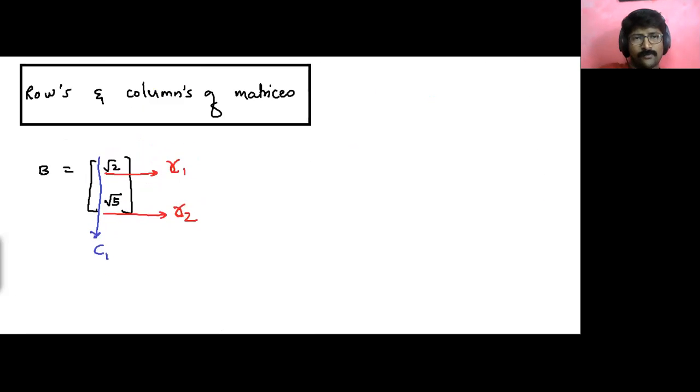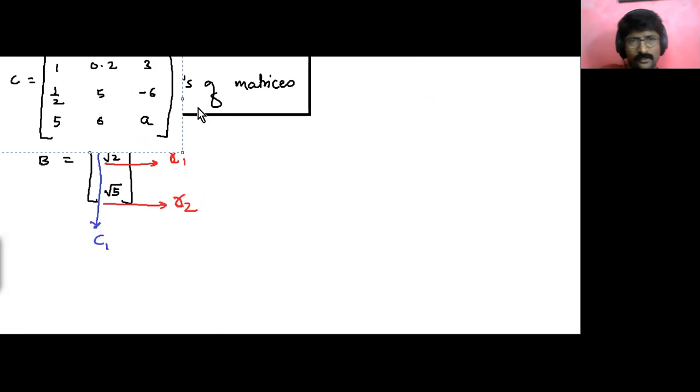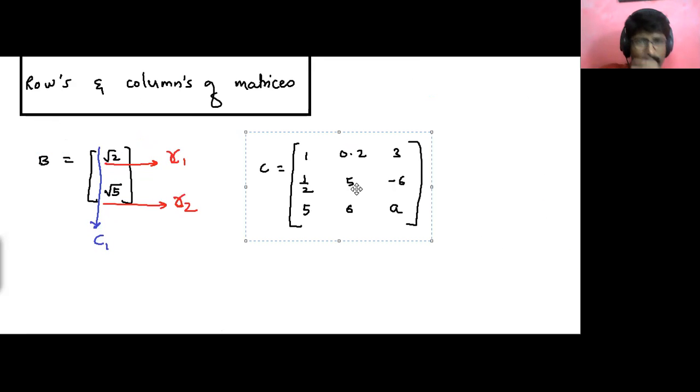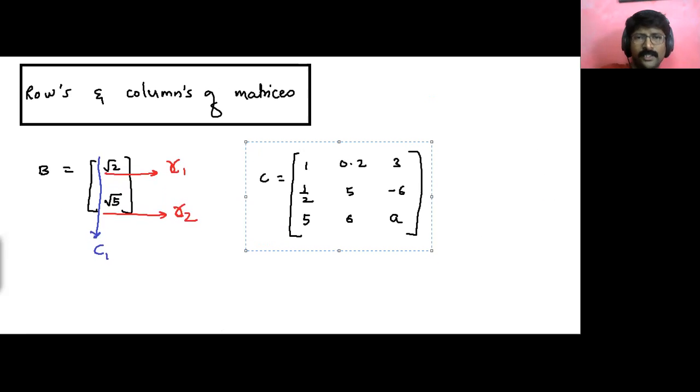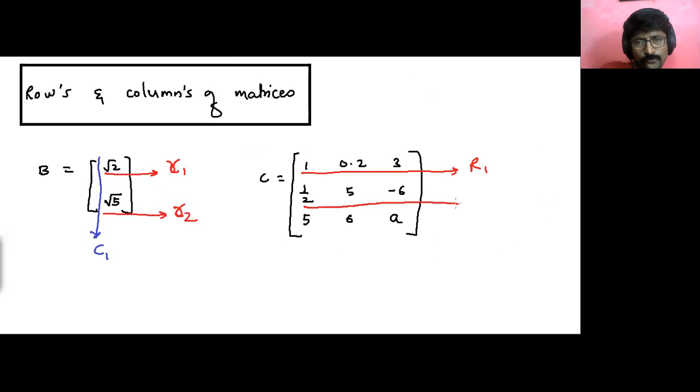And we are learning what the rows and columns are. So in this matrix, how many rows and how many columns are there? Look at this. This is the first row, so this is row one. This is row two, and this is row three.